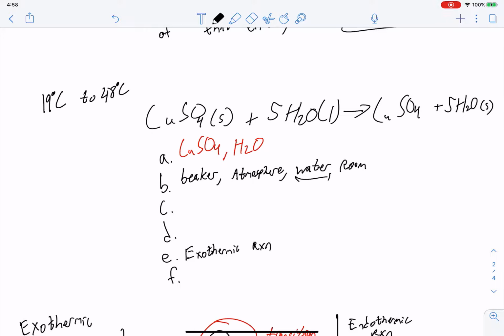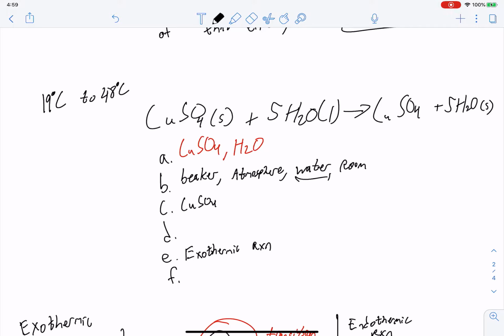Because the surroundings are getting warmer, so something has to be released. So what will be at a lower temperature, the system is losing energy. If we say which one is at a lower temperature, we would say that the copper sulfate is actually going to be at a lower temperature because energy hasn't been released yet to warm it up.